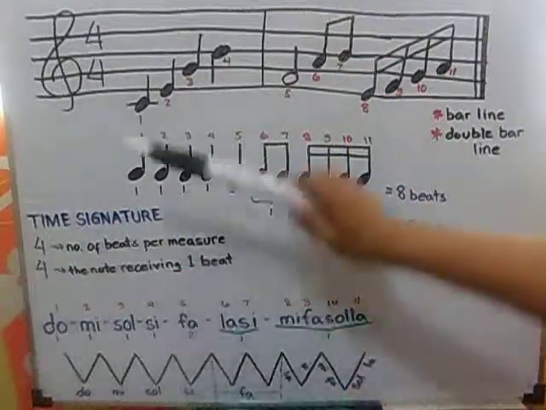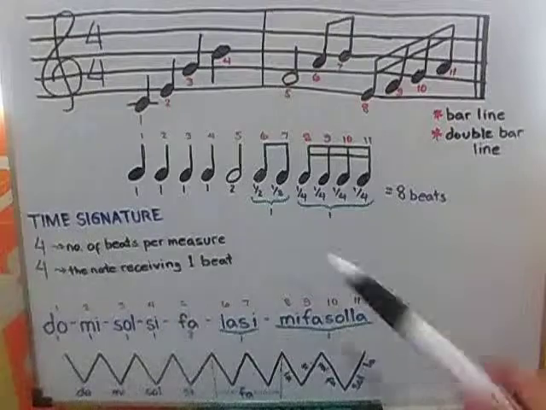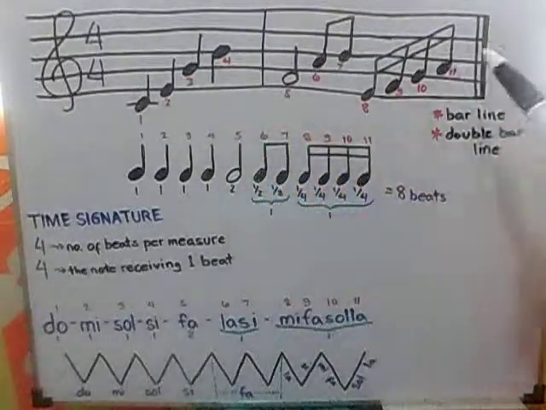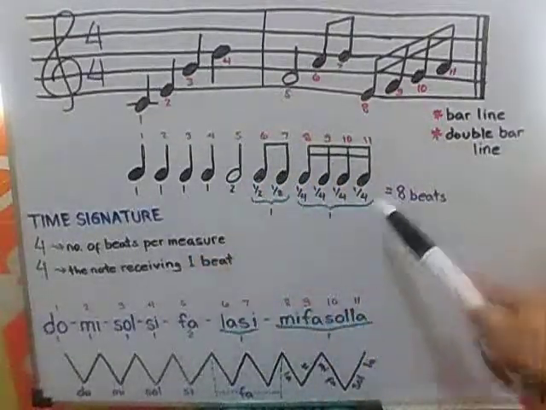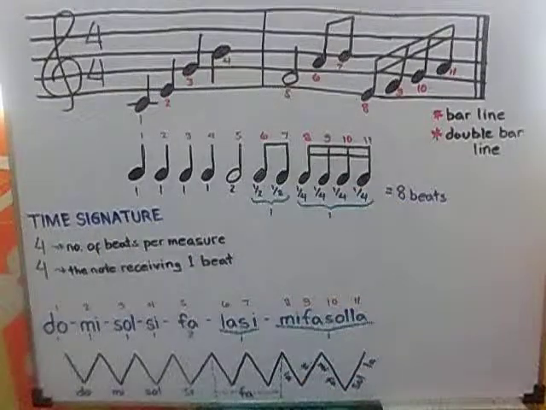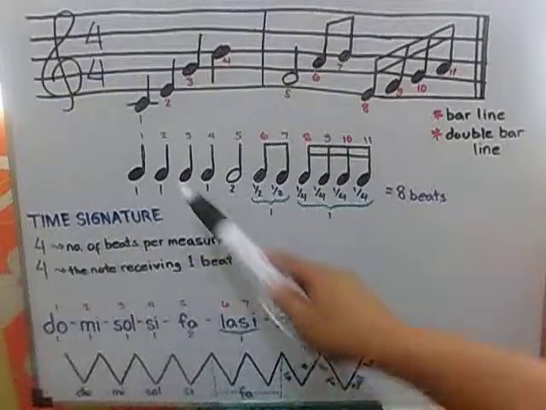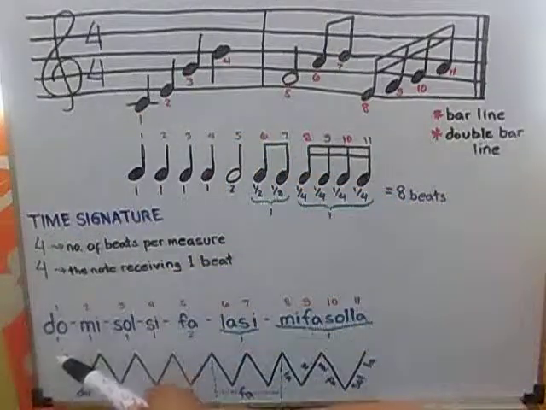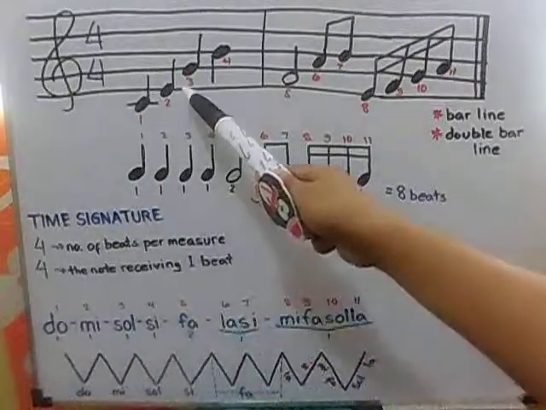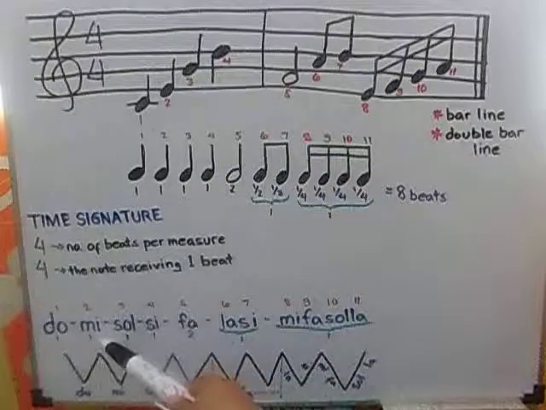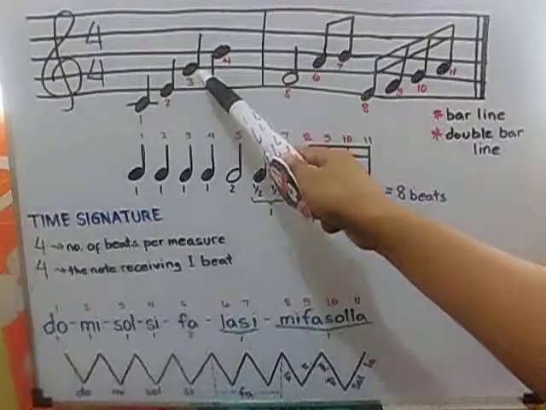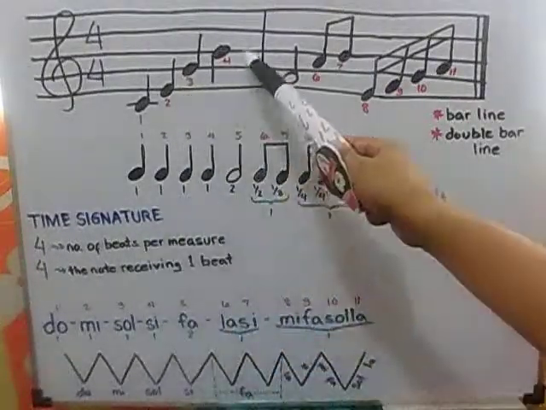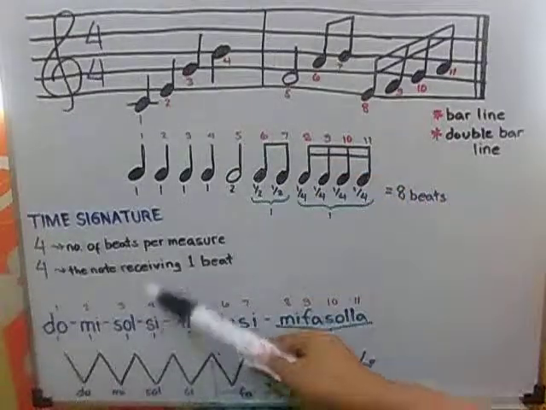Now, let us consider the pitches. After we know already the duration, let's consider now the pitches. Note number 1 is do. Number 2 is mi. Number 3 is sol. And 4 is si.